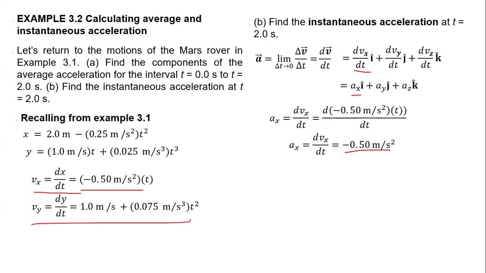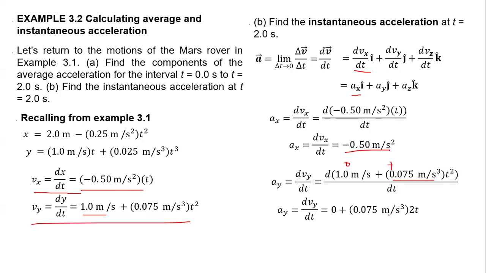For our ay, the derivative of a constant is 0, plus we have here the constant and 2t, so we multiply the 2 and the constant. You get 0.15 meters per second cubed times t.